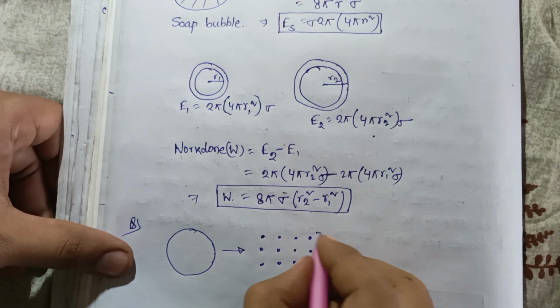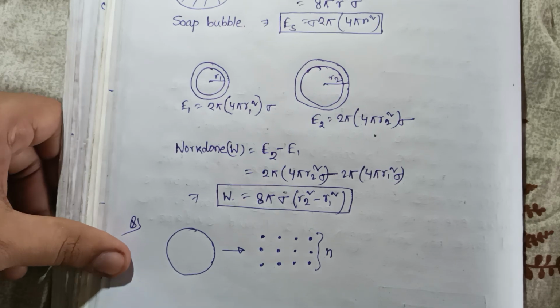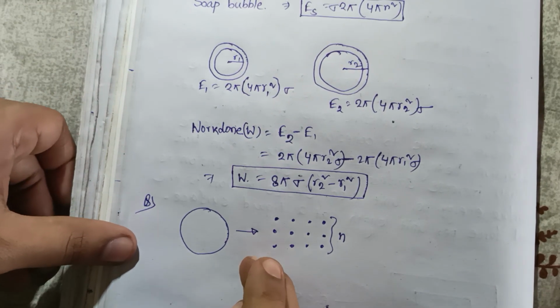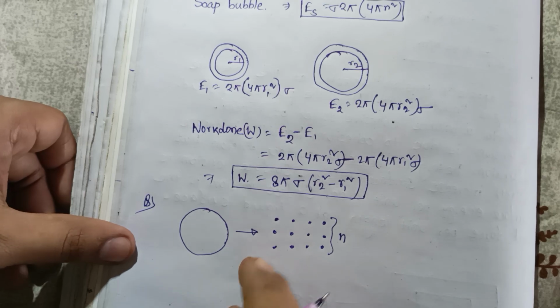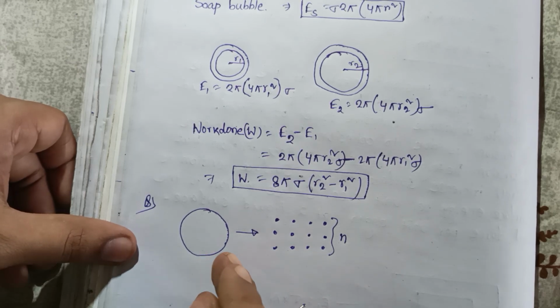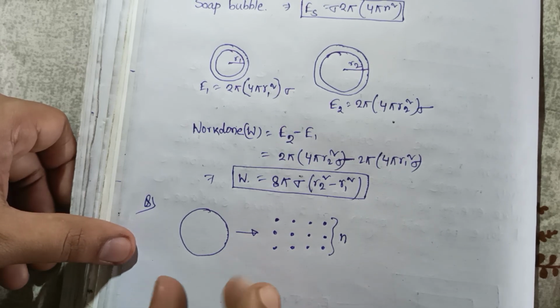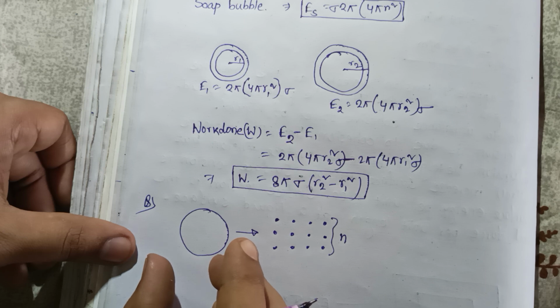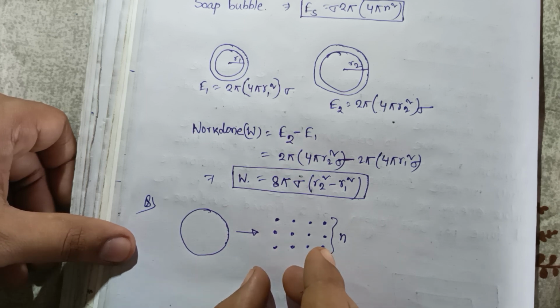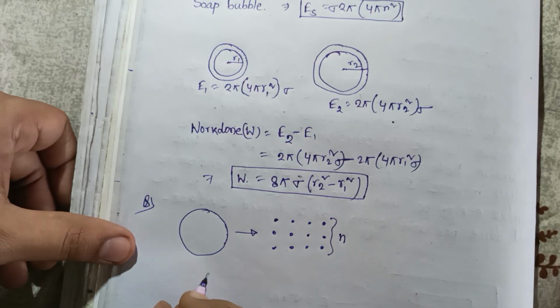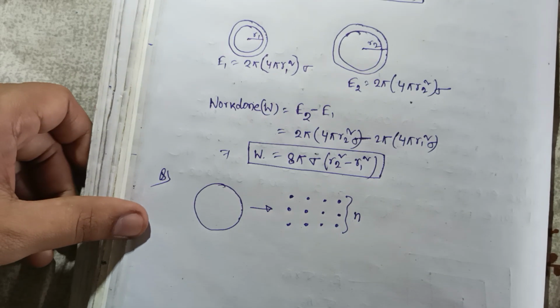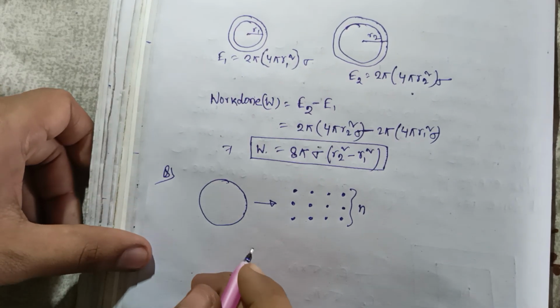We have to calculate the work done required in splitting up the drop. The surface tension of water is given, that is sigma.